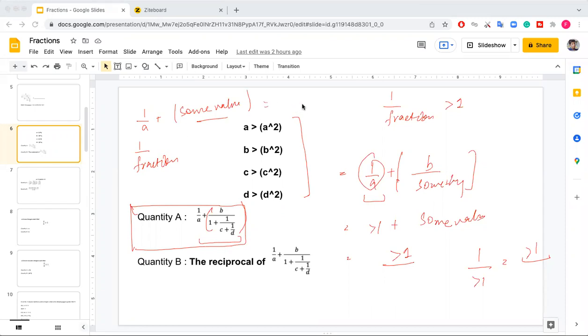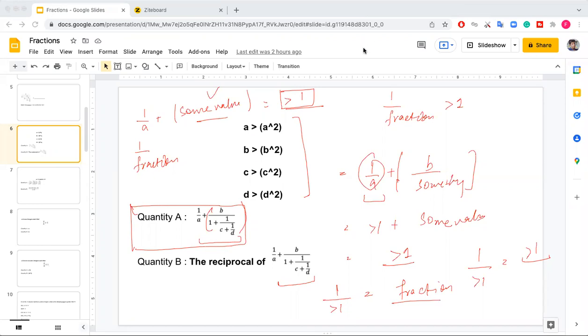So overall, the result of this value is greater than 1. Because all of these are positive, this will always be a positive value. A positive value plus a value greater than 1 is always greater than 1, right? The second one is the reciprocal of this whole value. And the reciprocal of any value greater than 1 will be what? Less than 1, a fraction value in the range of 0 and 1, right? So with logic, this can be solved within a second, but if you start substituting values and checking different scenarios, that will take a lot of your time. Got the point? Can you explain this question?